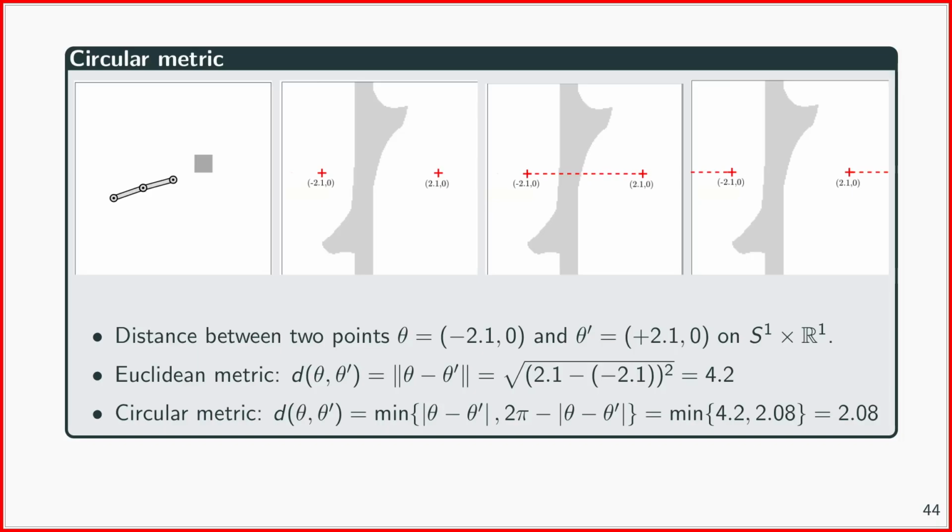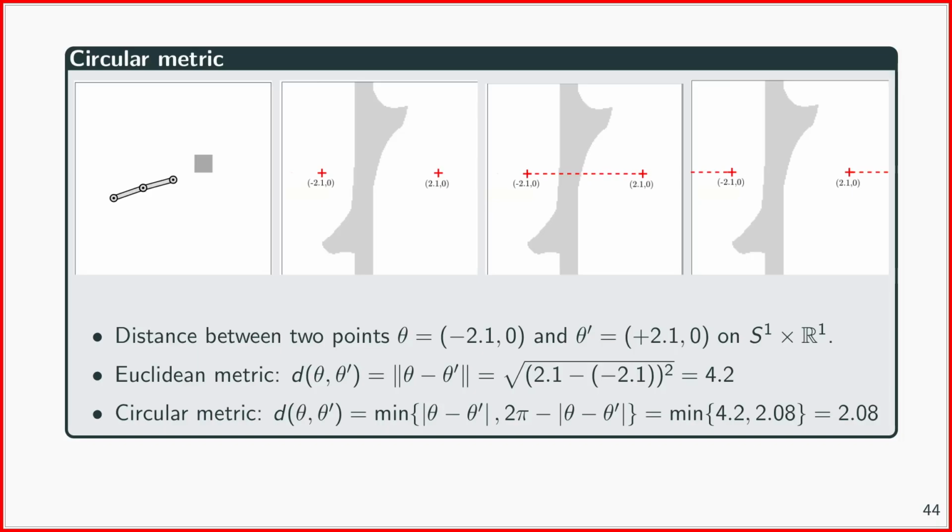And yeah, to show you that this is more accurate compared to the Euclidean metric, here is another small example from the small robot which I showed you in the beginning. So we have here two configurations, both in a line here, one at minus 2.1 and one at plus 2.1 in x direction.